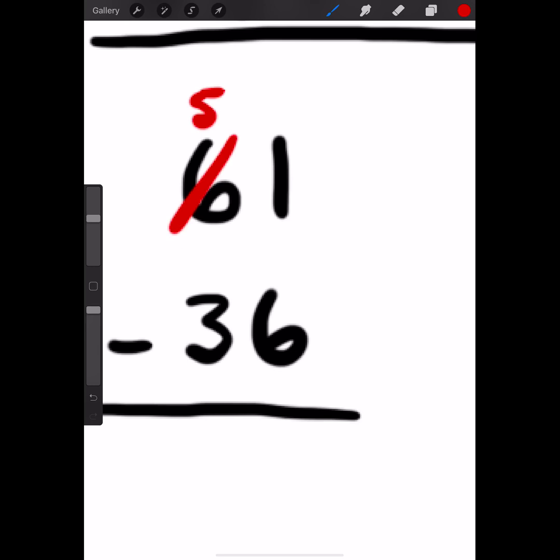And I write my new number over here, 11. I can do 11 minus 6. 11 minus 6 is 5. Then I move over to my next column, remembering that I've borrowed because I have a slash there. 5 minus 3 is 2. And so 61 minus 36 is 25.